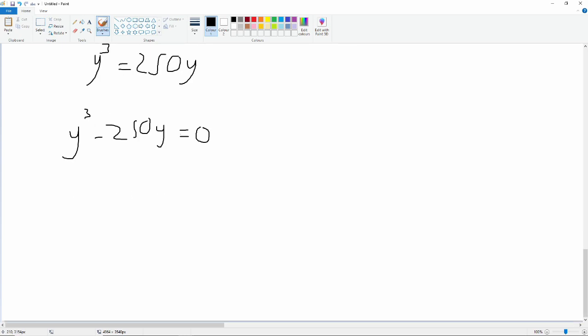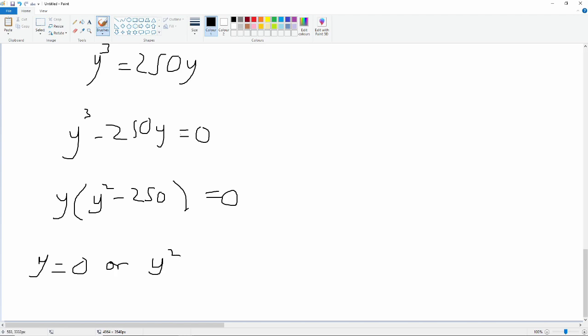And then factor out the y. And I think that's what might have caused the confusion. And then we can go ahead and solve for that and get y equals plus or minus 5 root 10.